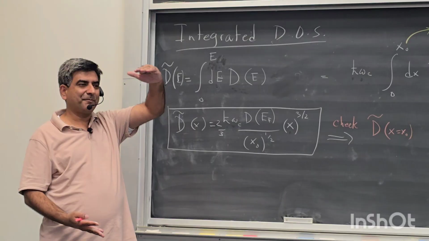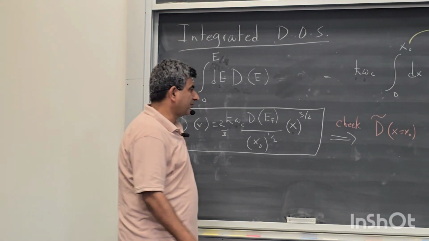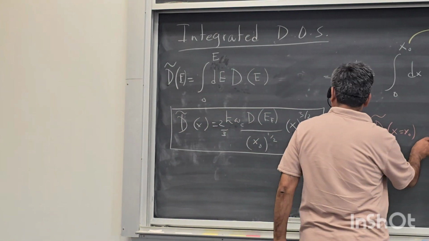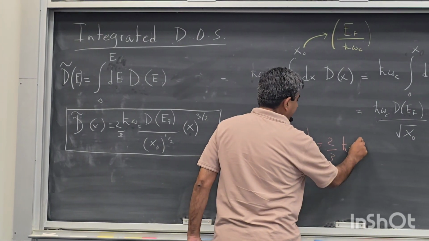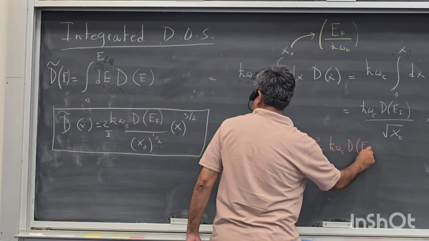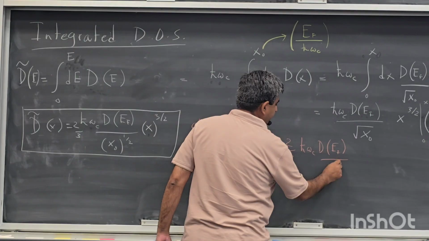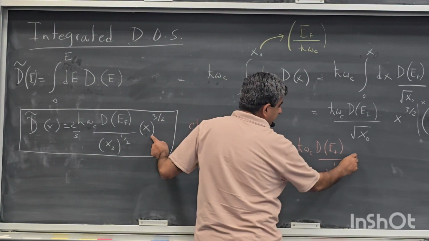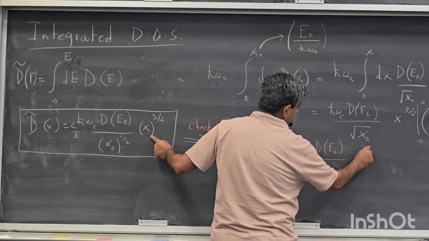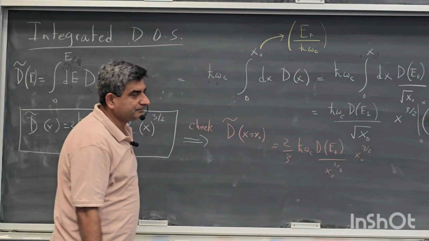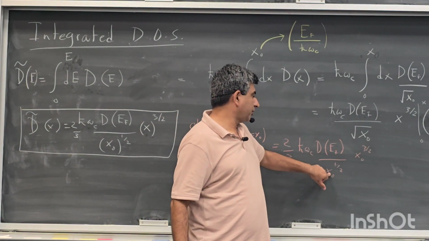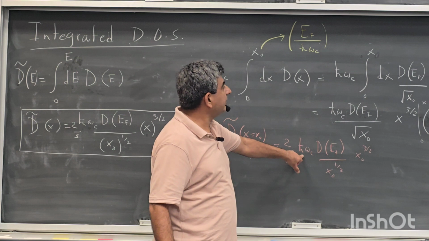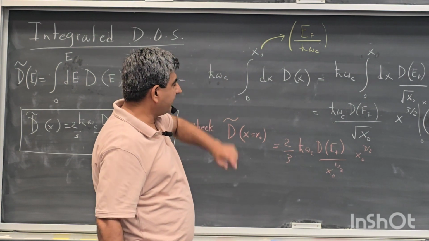If I integrate right up to the Fermi level, I get the number of electrons. So this becomes 2 over 3 h bar omega c d EF, x naught raised to the power 1 by 2, times x naught raised to the power 3 by 2. So this becomes x naught, and x naught times h bar omega c is EF.